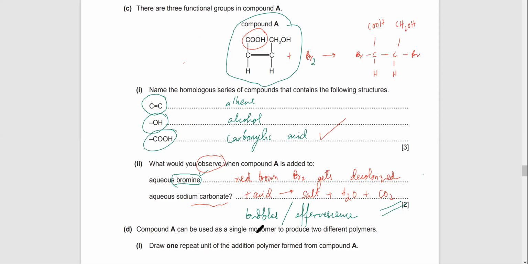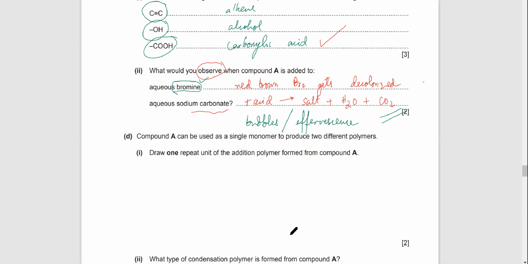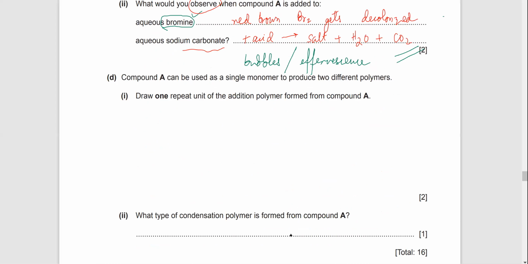Okay, next is: compound A can be used as a single monomer to produce 2 different polymers. Draw the repeat unit. How did polymers form from alkenes? You would have, let me draw the top one here, I think there was CH2OH and there was COH here. So how would polymers form?